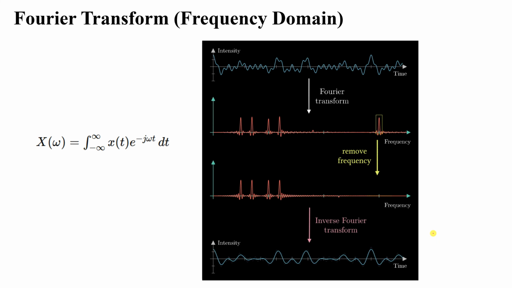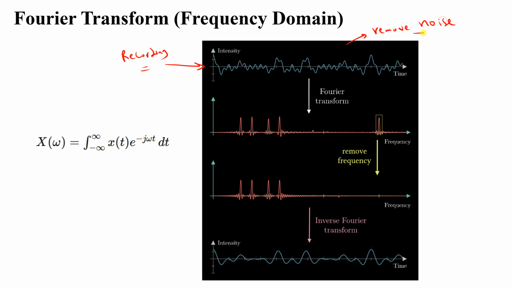Okay, now I need an application for this, for the frequency domain or Fourier transform. So you'll see that, let's say I have a recording like this, okay, which is non-periodic, giving this output signal. Okay, now what I would like to do is that I would like to delete or remove noise, right?